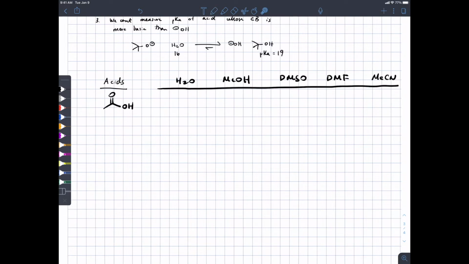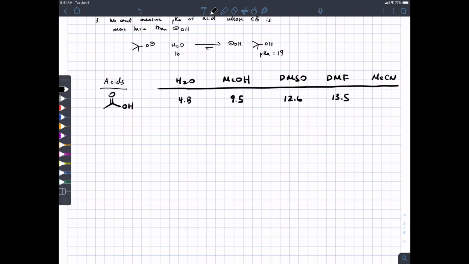I don't know that we've listed the solvents in any particular order. In water, the pKa is about 4.8. In methanol, it's quite a bit less acidic. In DMSO, it's even less acidic, and it's even less acidic in DMF.